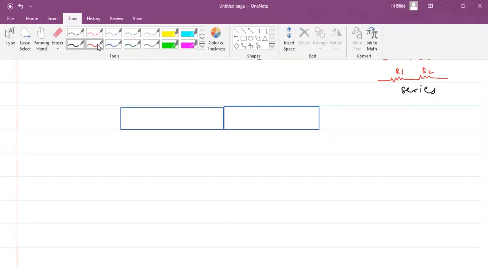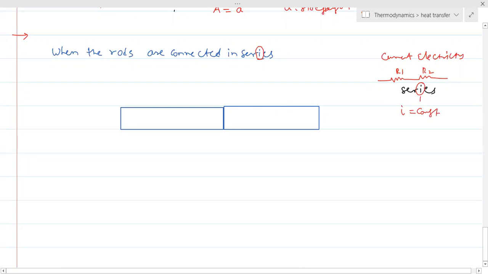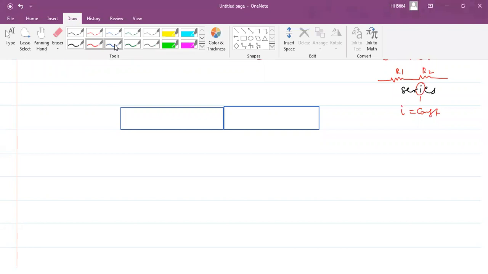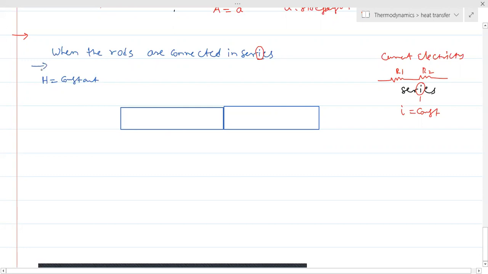The simple trick is that in the word series itself we have I. So therefore I is constant. By comparing with electricity, here I is comparable to H. So therefore H is constant when the two rods are connected in series.